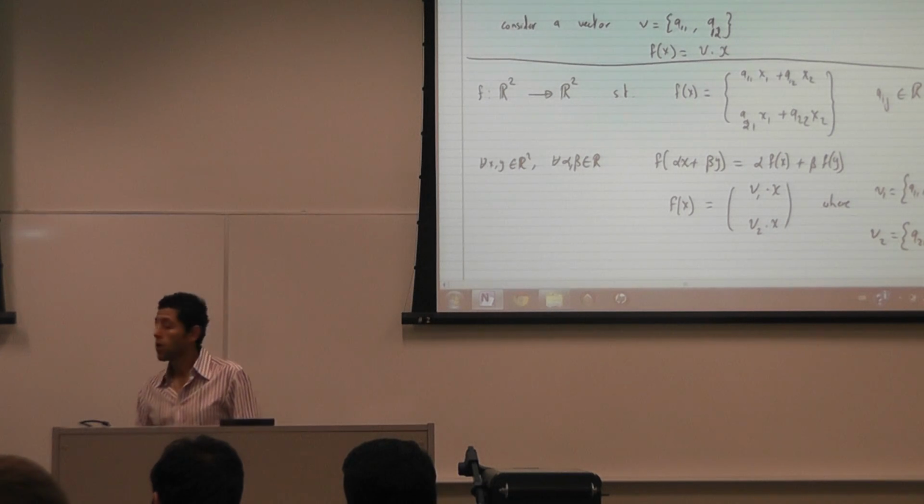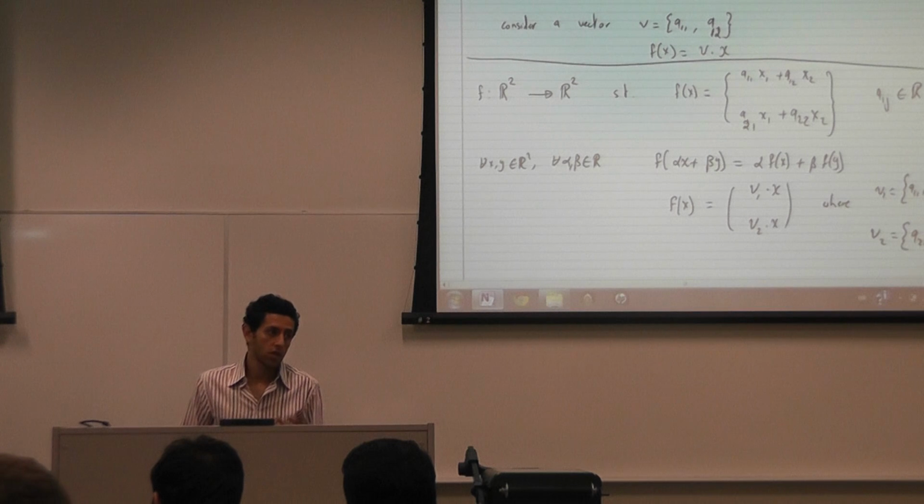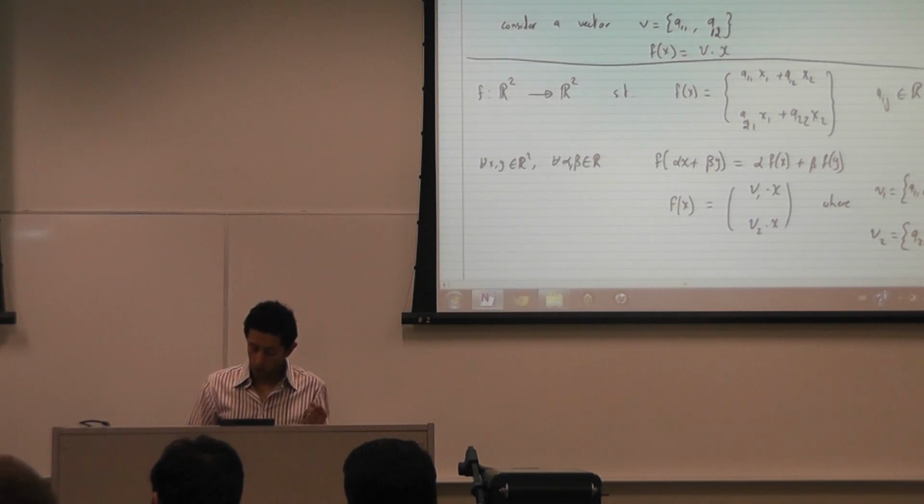So what I'm trying to show you here is the matrix. A matrix is nothing but a linear operator, a linear function acting on linear vector spaces.